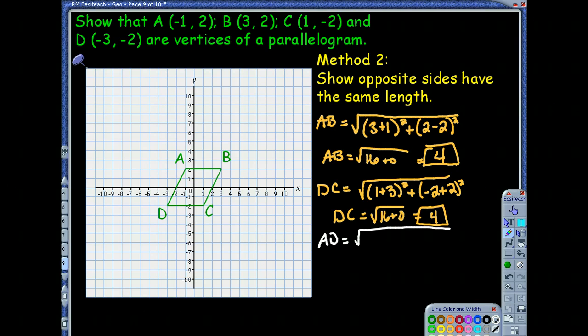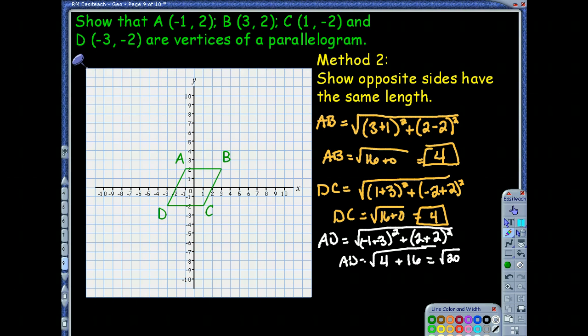All right, AD, so square root of AD. So let's do negative 1 minus a negative 3, so plus 3 squared, plus 2 minus a negative 2, so 2 plus 2 squared. So AD is equal to, all right, that's going to be a negative 2 squared, which is 4, plus 4 squared is 16, so the square root of 20.